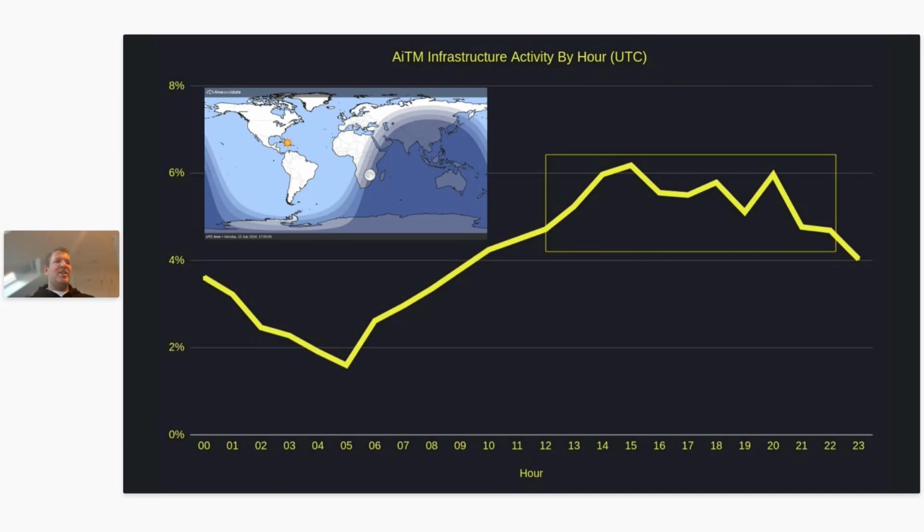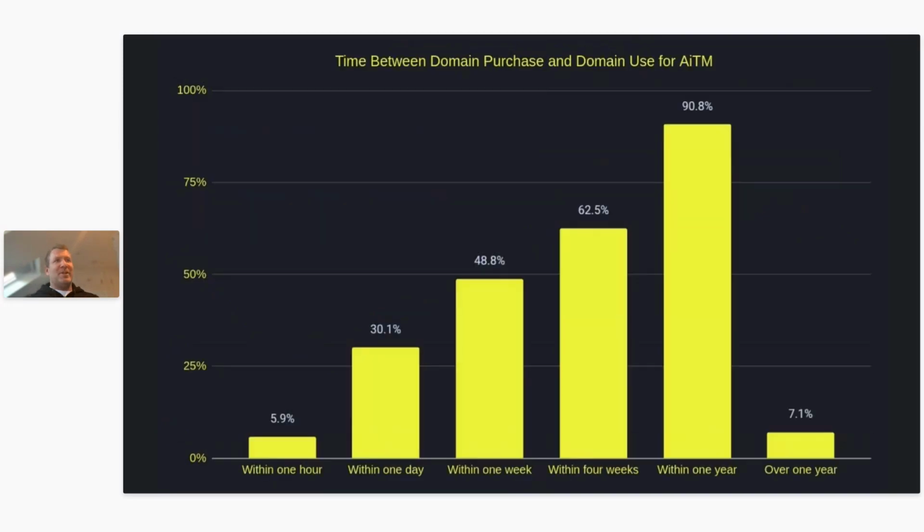So I don't know if there's too much to draw from the time frame size of things, but one thing I had really wanted to do was take a look at the time between when a domain is purchased for use in Adversary in the middle and when that domain is used in deploying infrastructure, and look at the difference between those.